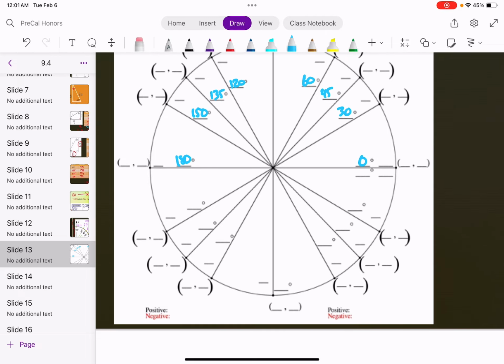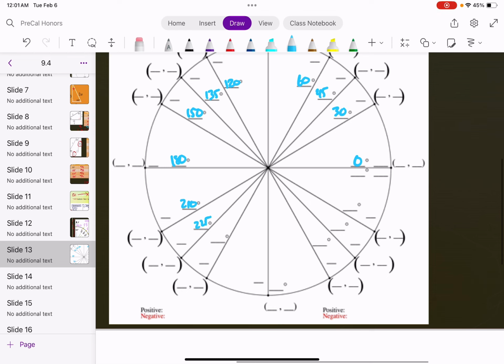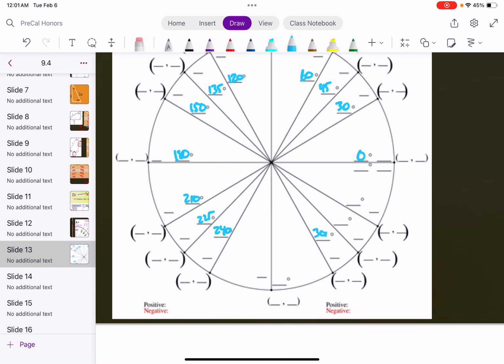Now, from that point, we're going to go ahead and continue working our way around. So this is going to be 210, 225, and 240. Over here we have 300, we have 330, and 315.